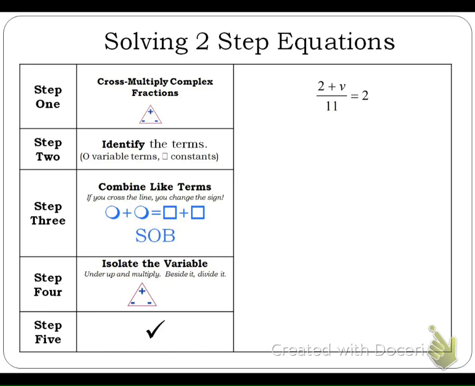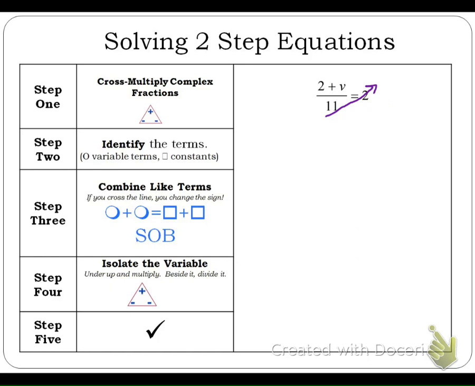So when we cross multiply, it means you take the denominator of the complex fraction and you multiply it to the top or to whatever is the numerator on the other side of the equation. If there happened to be a fraction on the right hand side as well, you would also multiply that to the opposite side. That's why we call it cross multiplying the complex fraction.